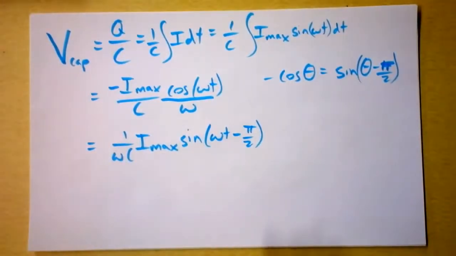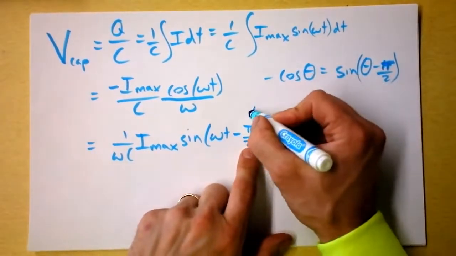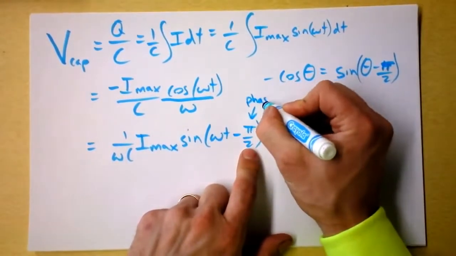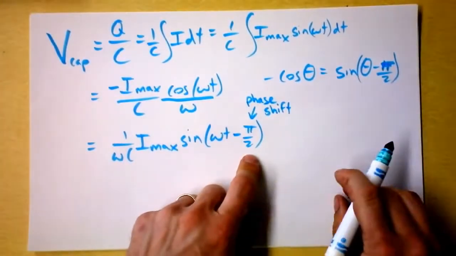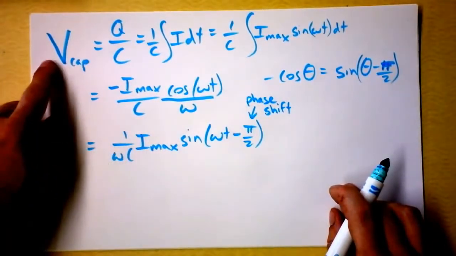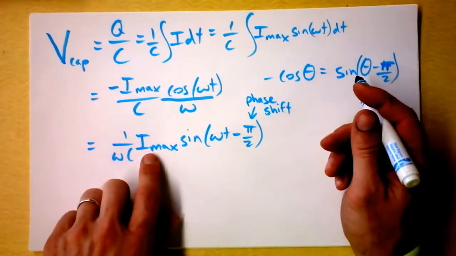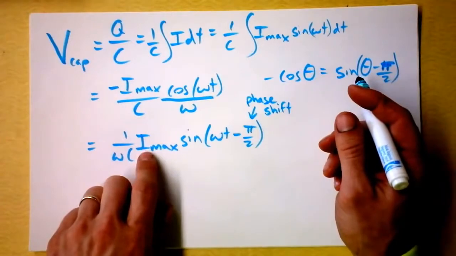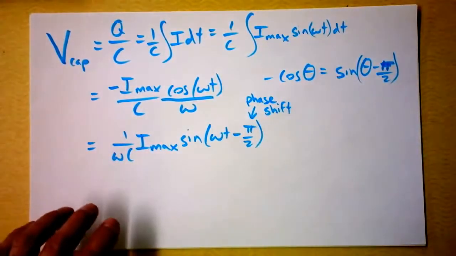This equation is a very powerful equation. We call this constant here a phase shift, and that's related to the term phasor, of course. And what we're seeing is that the phasor for voltage is not facing the same direction as the phasor for the current. So first of all, we can identify some maximum values.